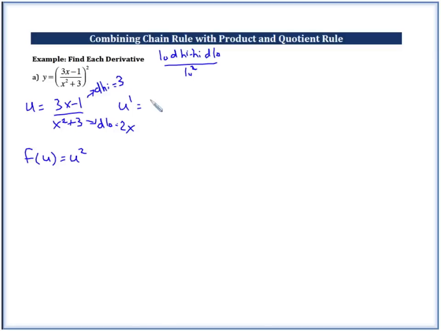So our low function, x squared plus 3, times d high, the derivative of our high, which is 3, minus the high function, 3x minus 1, times the derivative of our low function, which is 2x, all over our low function squared.